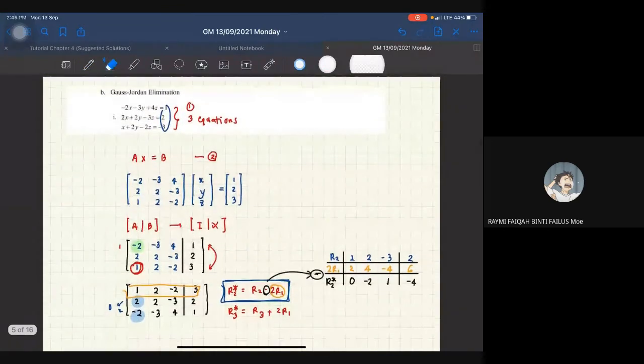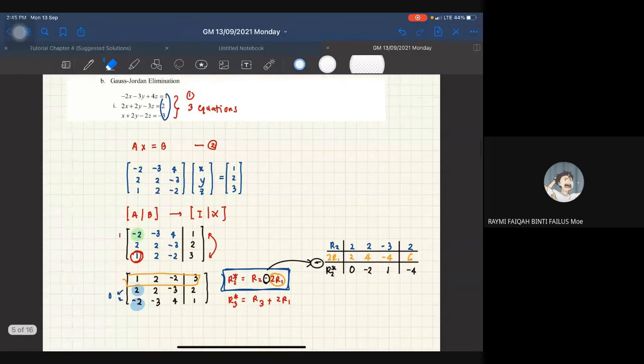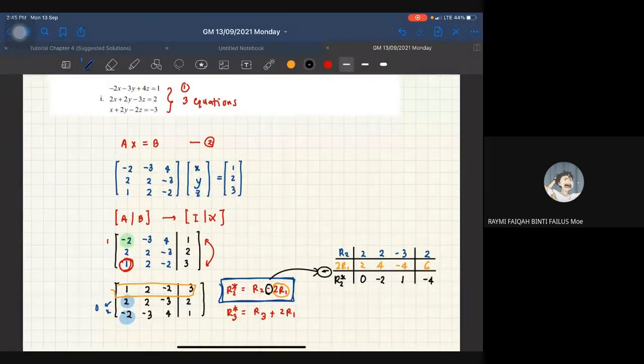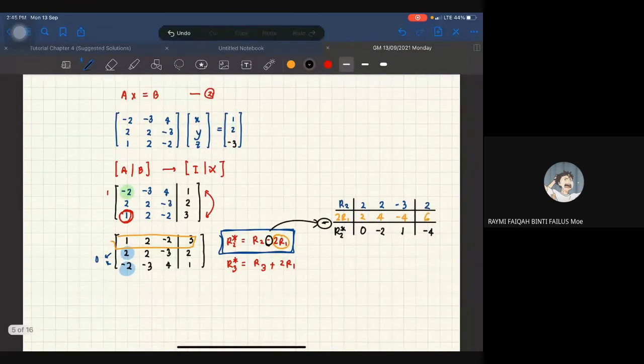So maksudnya this one is negative 3 as well. Ni pun negative 3. So, kejap. Mana yang saya kena ubah? This one is negative 6. Okay, so 2 plus 6. 2 minus 6 is 2 plus 6 is equal to 8. Betul ke this one? Betul. Okay, good. Alright, so jom kita sambung lagi.